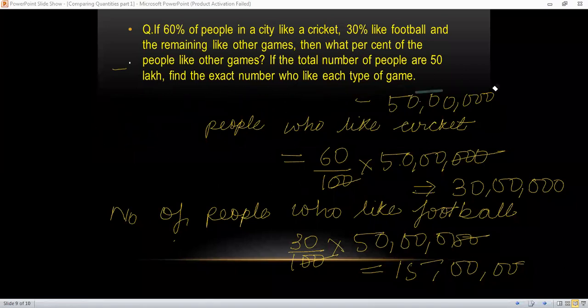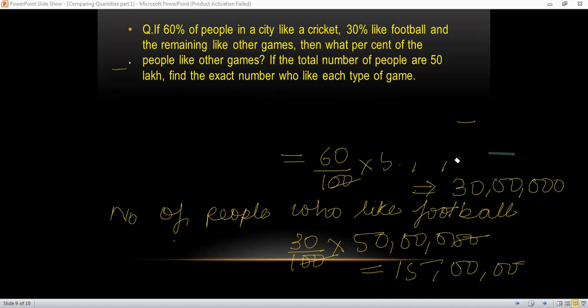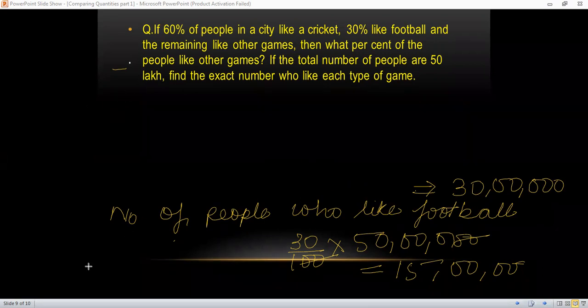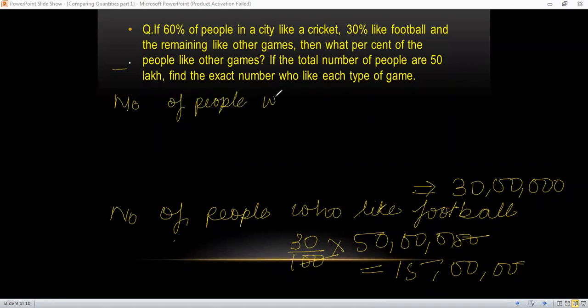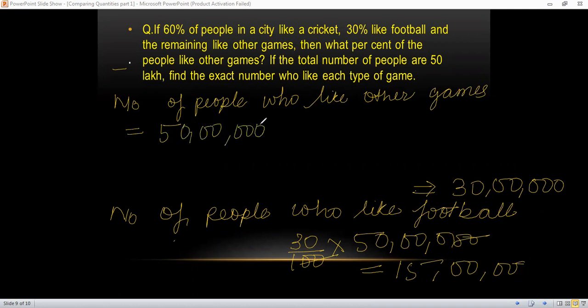So for finding the number of people who like other games, from the total number of people, that is 50 lakh, I will subtract the number of people who like cricket and the number of people who like football.